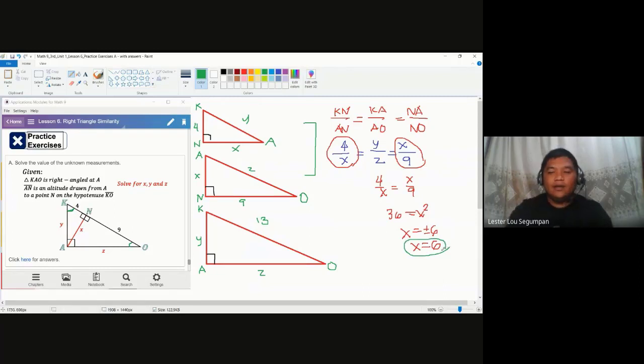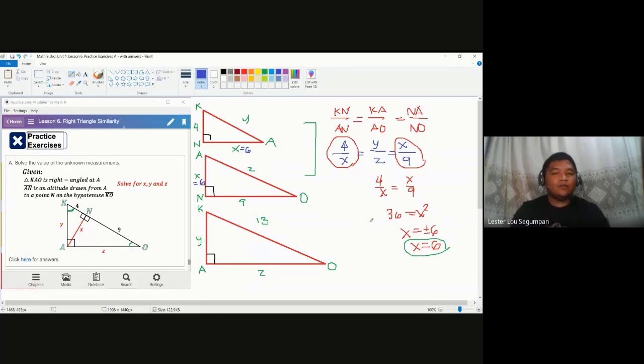Okay. Once we have this, when we substitute it here, 4 over 6 and 6 over 9, it will still not help us because Y over Z are both variables. But what could help us is to place the values here. You have the value for 6, and here is the value for 6.